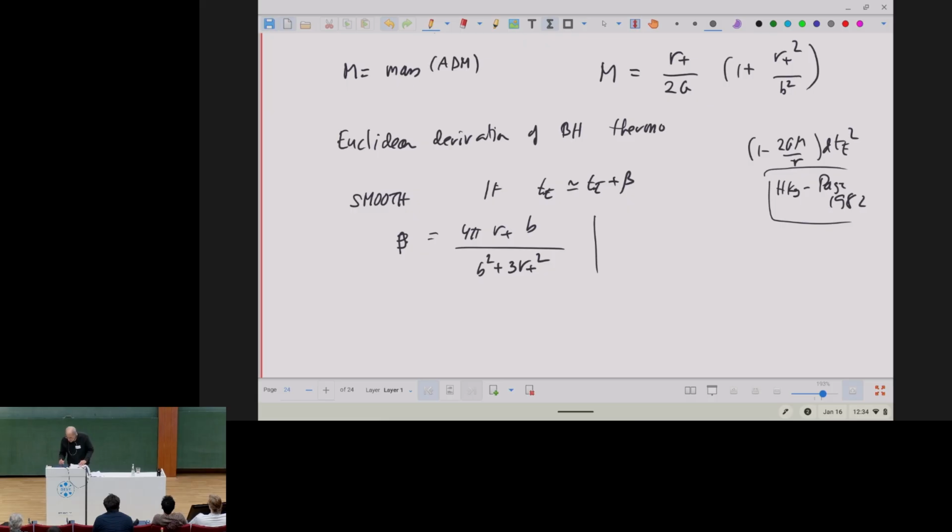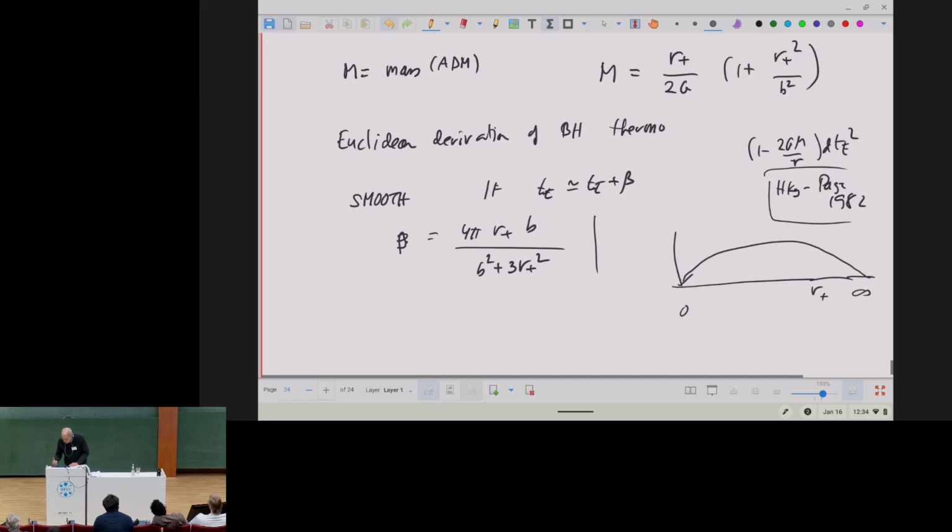But the important qualitative property is that as r plus goes from 0 to infinity, well, beta is 0 when r plus is 0 and also 0 at infinity. So there's a maximum value of beta. So if beta is too big, there's no black hole.